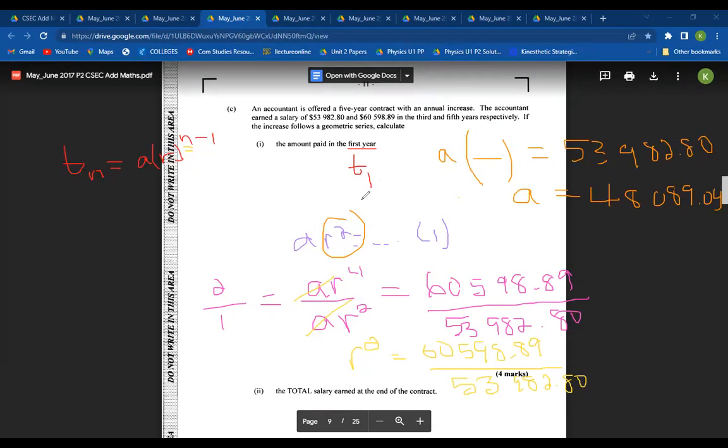T1 implies that it's the first term, the first number. That's the same as A. So T1 is the same as A, which is the first term in the series. And that's why this right here is my answer. This is the answer for T1. Do you understand that?